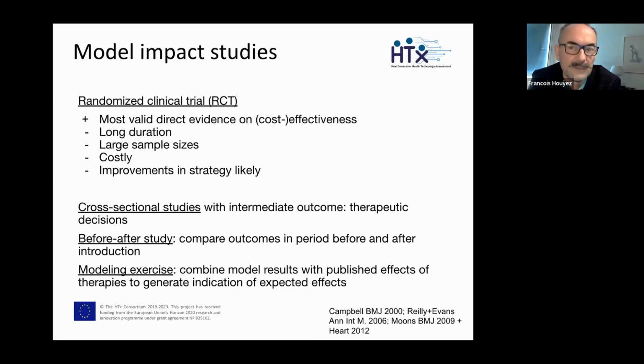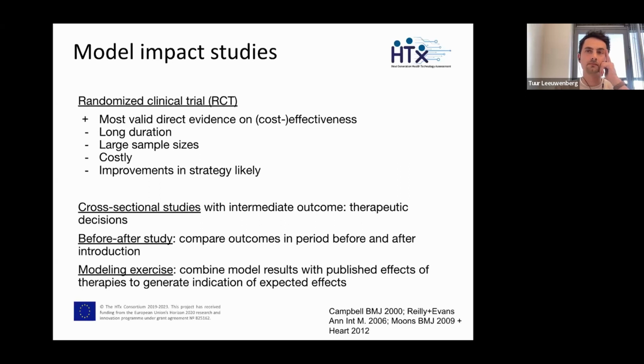So for patients, it's maybe difficult to see the utility of being enrolled in such a model impact study compared to a pharmaceutical product trial, I would presume. Yeah, I can completely understand that it is maybe less attractive to join this kind of study compared to certain other studies.